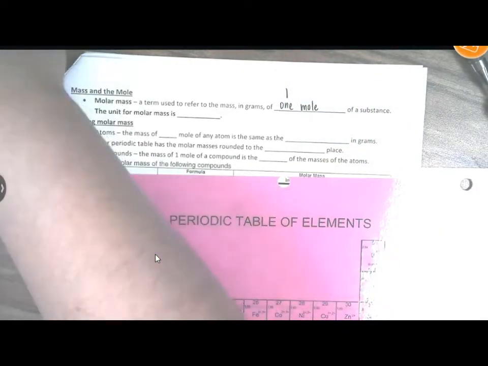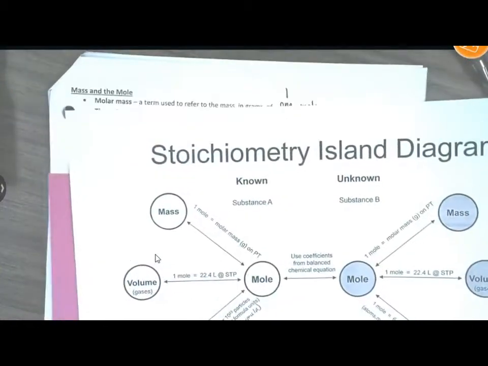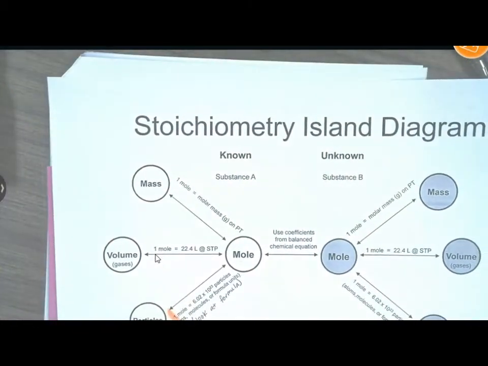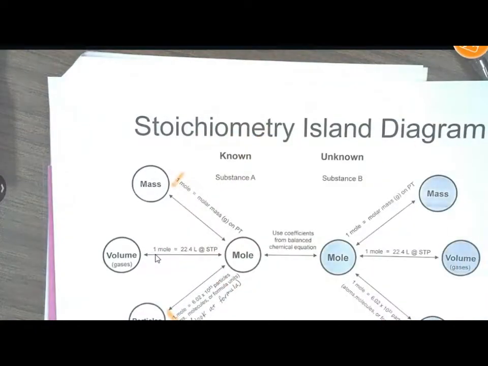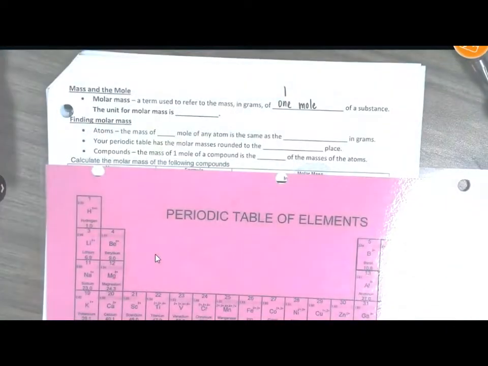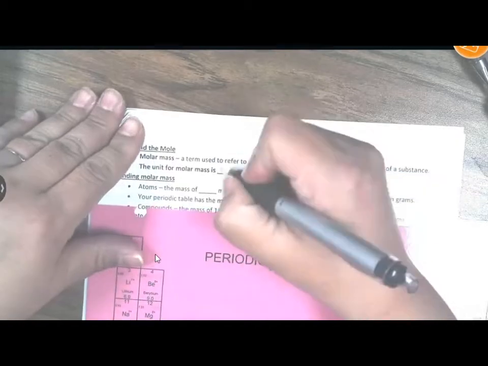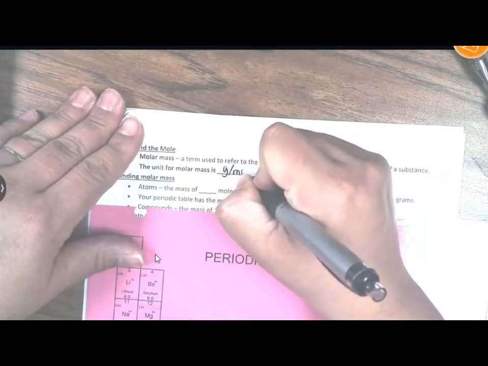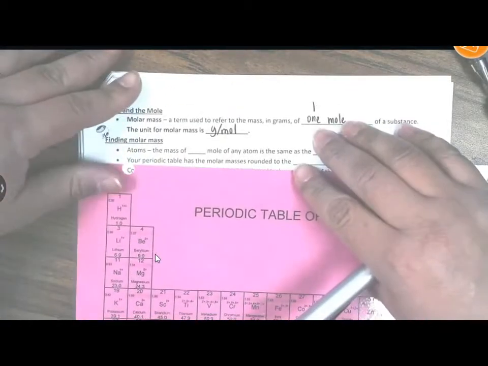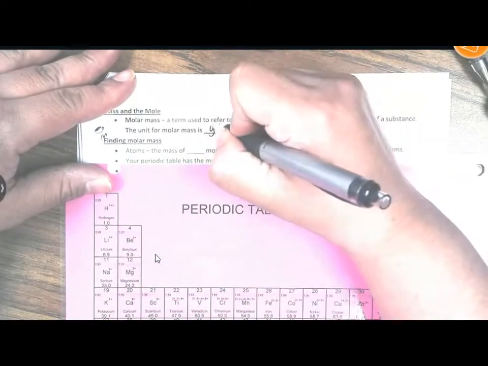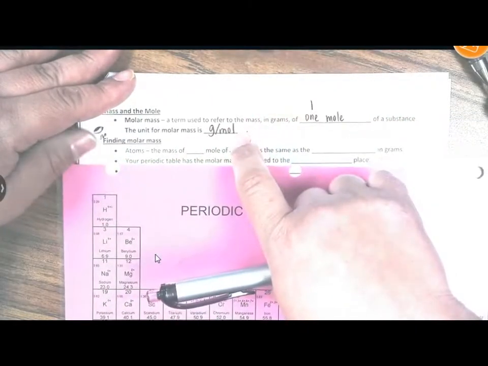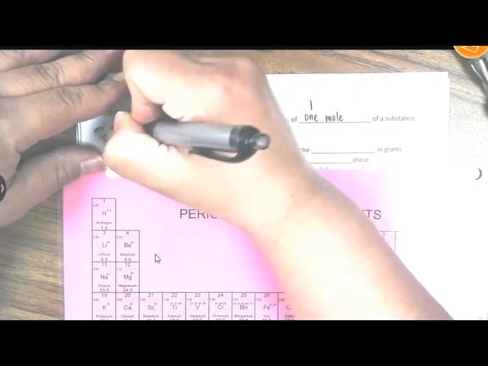So, once again, I have my stoichiometry island diagram, and 1 goes with the mole. The unit for molar mass is grams per mole. Molar mass is the mass, which would be in units of grams, for every 1 mole of a substance. I would know this for the test.